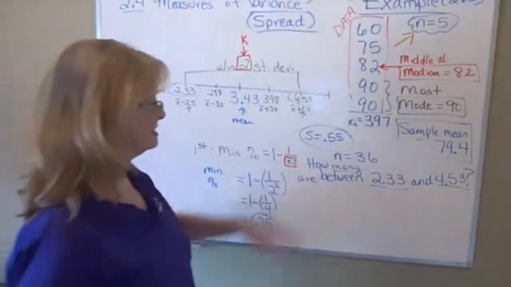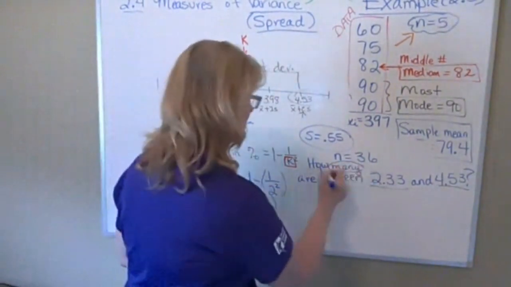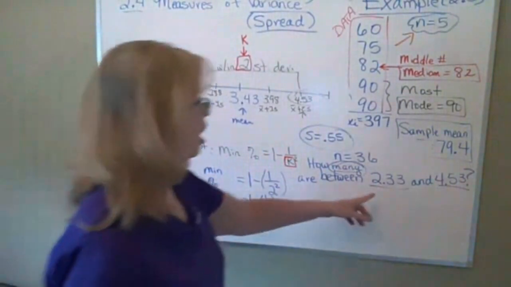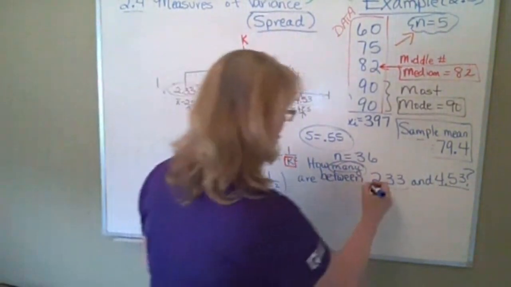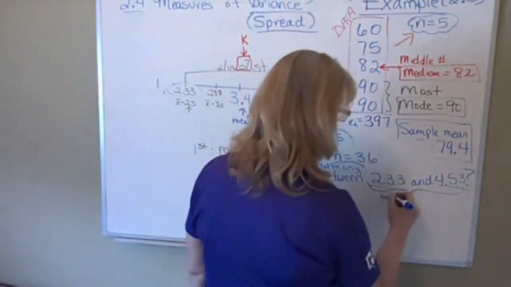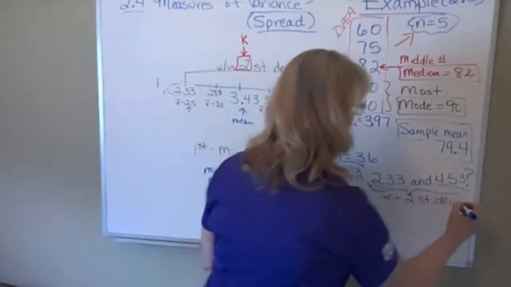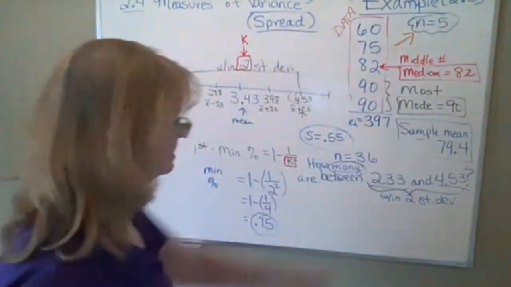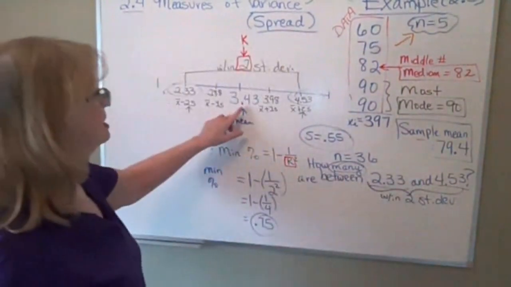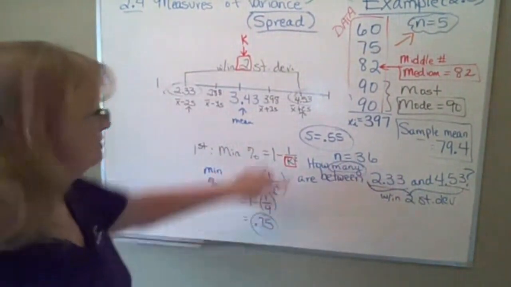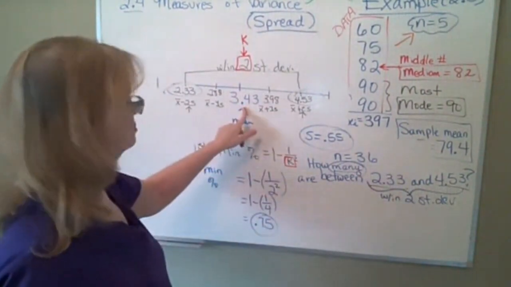Now, they didn't ask me the minimum percent. They said how many of the geyser eruptions are within 2 standard deviations. So this really meant within 2 standard deviations. That's another way they could have worded that, because those are the numbers we get when we add and subtract 2 standard deviations to the mean.